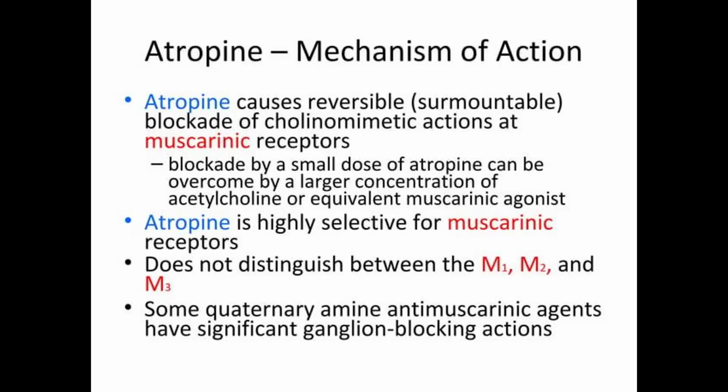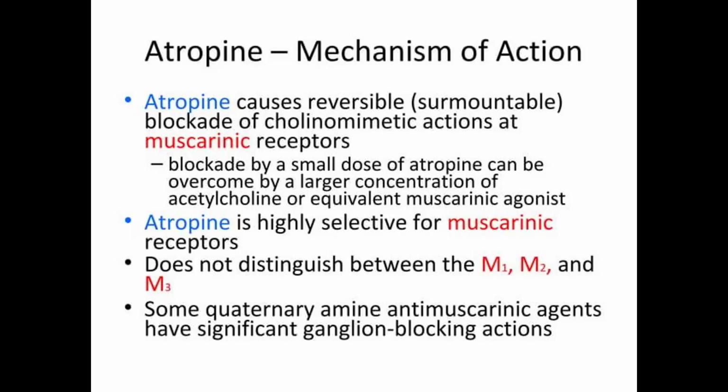Because fundamentally, what is an antagonist? An antagonist is something which has an affinity for the receptor, same as that of an agonist or a neurotransmitter. But its efficacy is zero. It blocks the receptor. So surmountable means that it can be overcome. How?